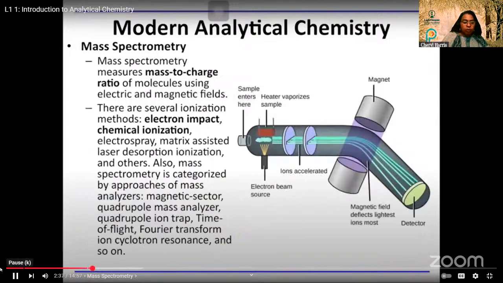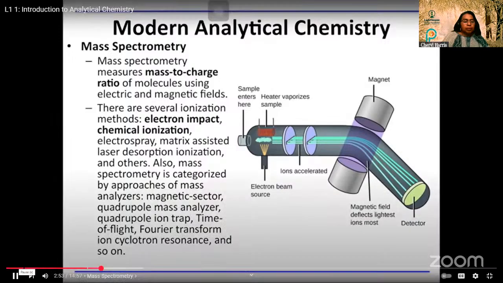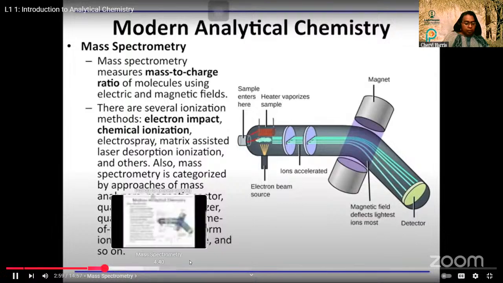So just know what the machine is. This measures the mass to charge ratio of molecules using electric and magnetic fields. What happens inside a mass spectrometer is that your sample molecule is heated to a very high temperature and is bombarded by an electron beam.